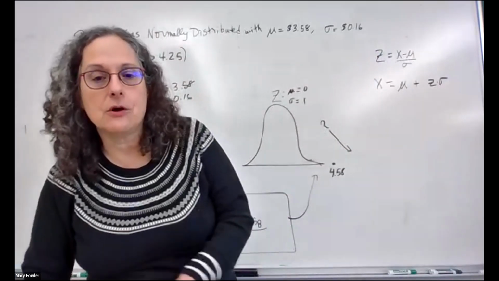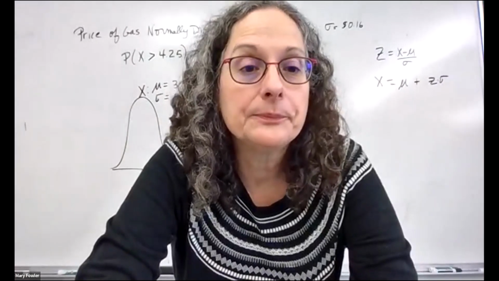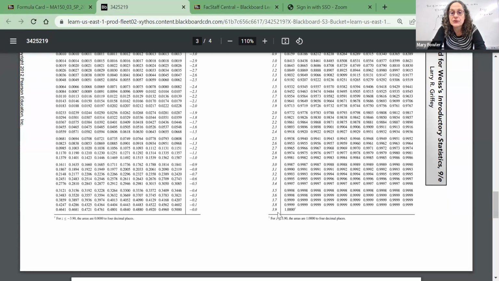So I'm going to go ahead and look over at share screen and look over at the formula card. And we come down here and we see that the largest z-score is 3.90. And over here, hopefully you'll open up your own formula card, but note the footnote says for z's greater than 3.90, areas are 1.0000, almost 1 to 4 decimal places.